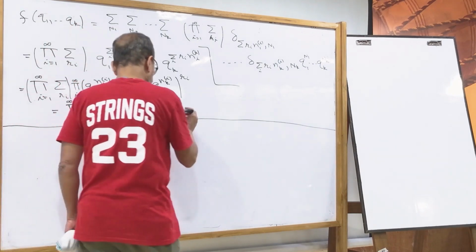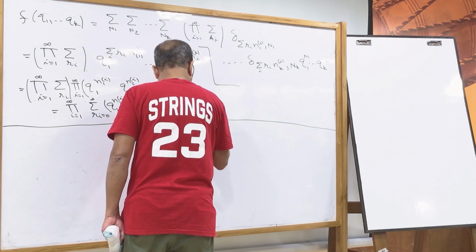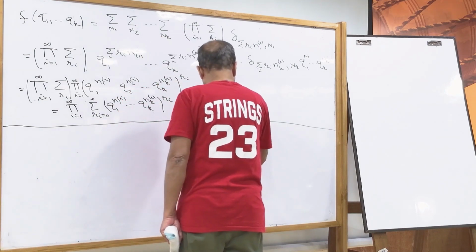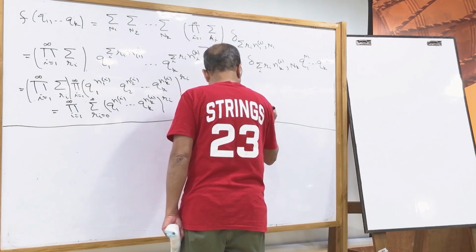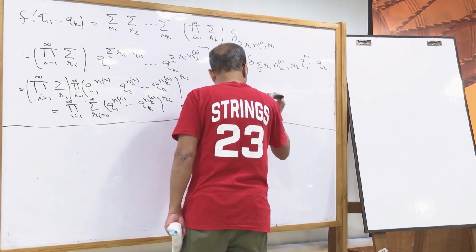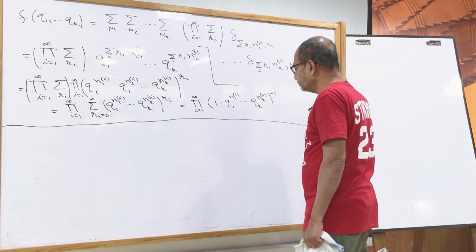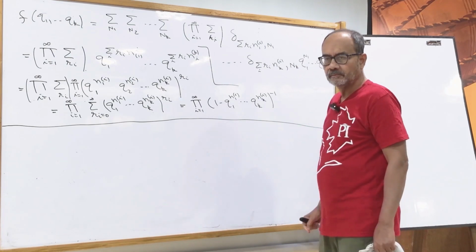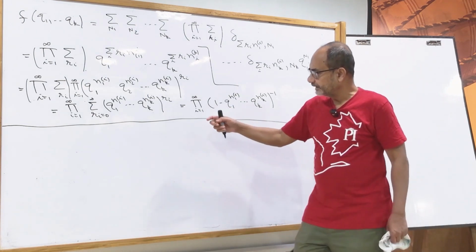And this becomes product over I equal to 1 to infinity of 1 minus this, inverse. Is this clear?